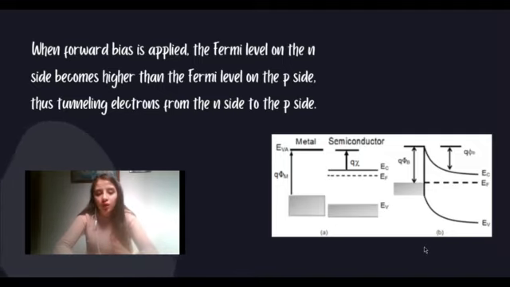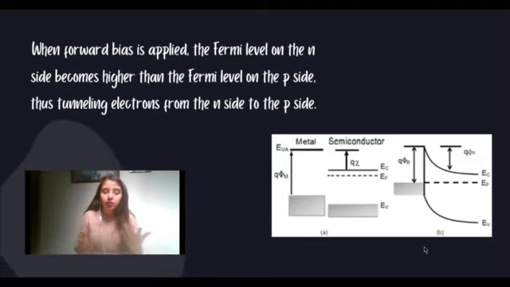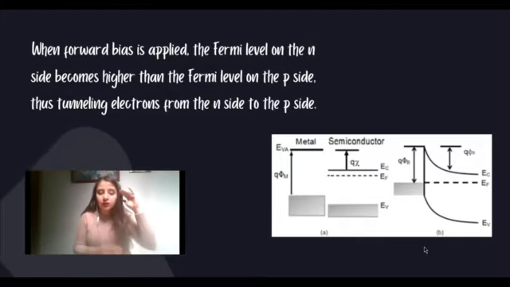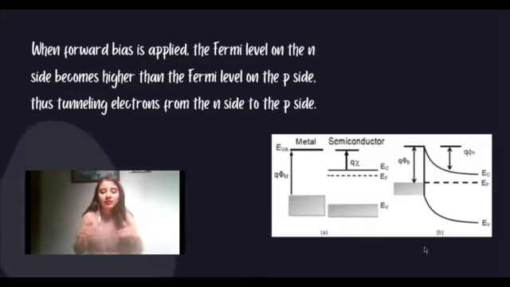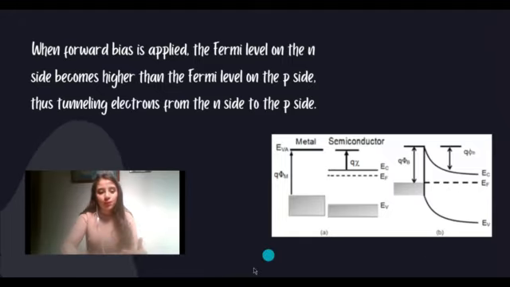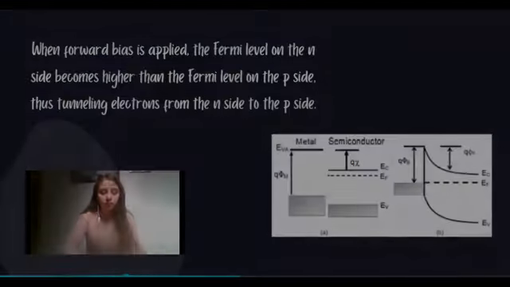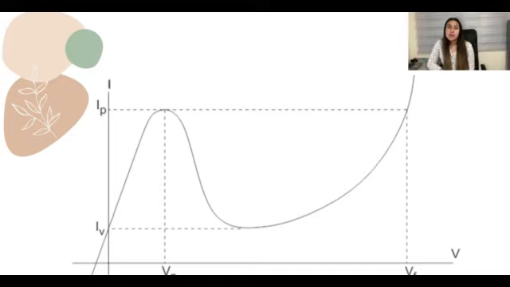The amount of tunnel current is very large compared to the normal junction current. When the forward bias is increased, the tunnel current increases to a certain limit. When the n-side band edge is the same as the Fermi level on the p side, the tunnel current is at its maximum.